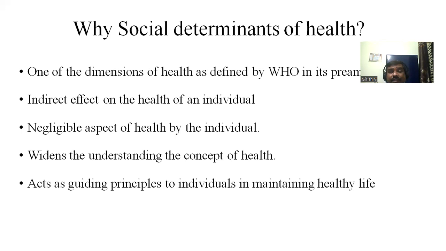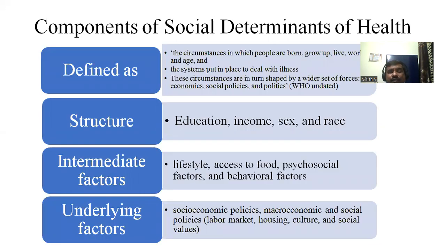Next, the components of social determinants of health. There are three structures or levels of components. First, it is defined by WHO as the circumstances in which people are born, grow up, live, work, and age, and the circumstances in maintaining illness, which are influenced by economic, social, and political forces.